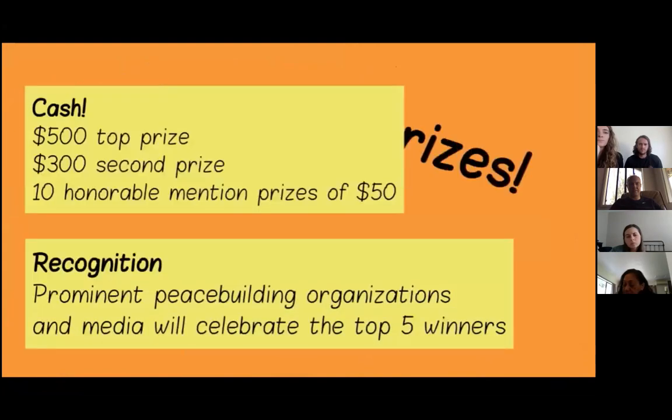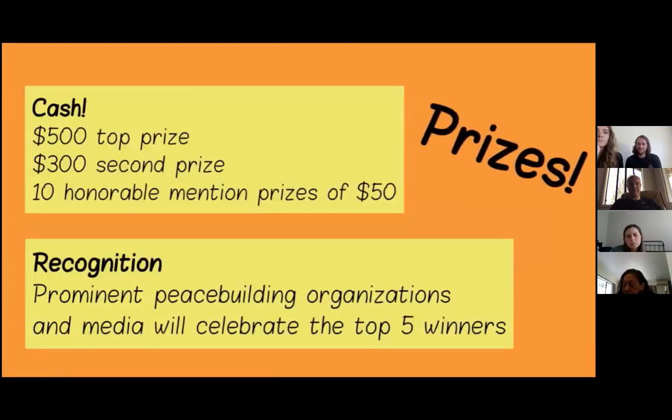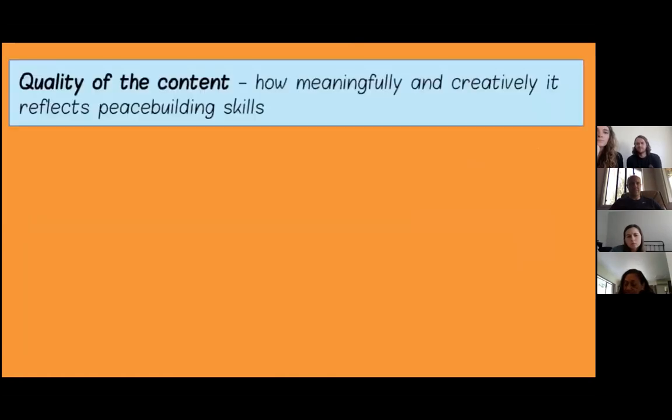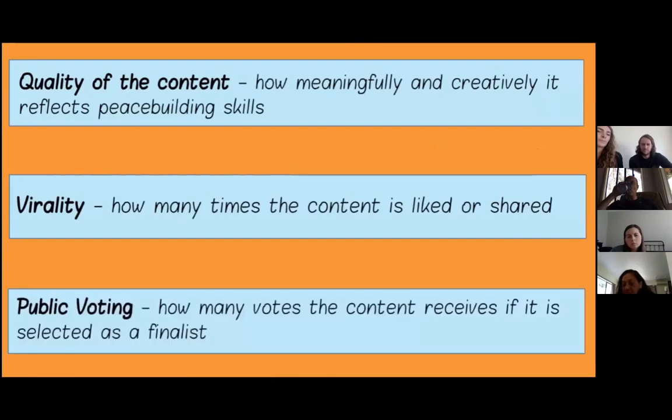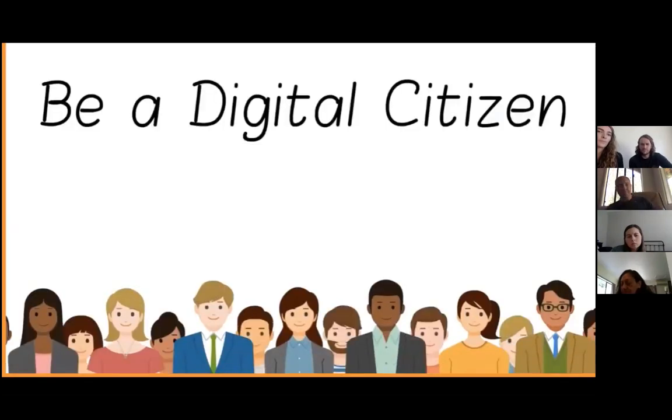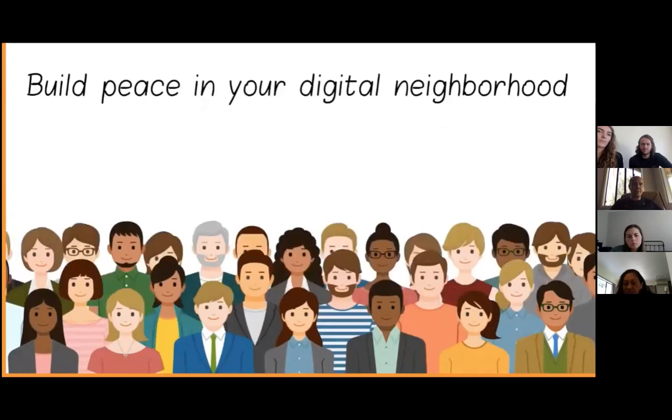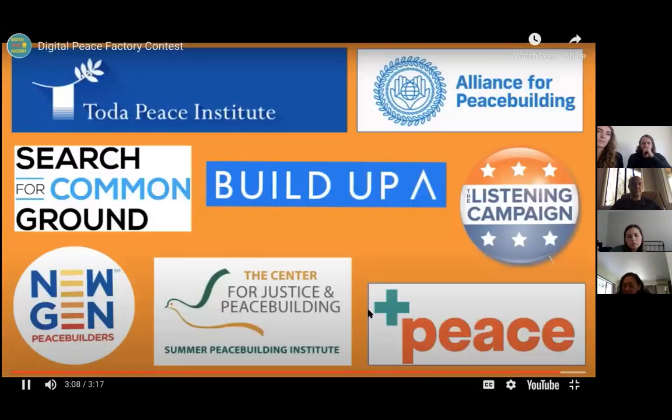We've got cash prizes for the best digital content. Prominent peacebuilding organizations and the media will recognize the top five winners. Judging will be based on the quality of the content, how meaningful and creatively it reflects peacebuilding skills, the virality, how many times the content is liked or shared, and third, public voting for the final round. Be a digital citizen. Build peace in your digital neighborhood.